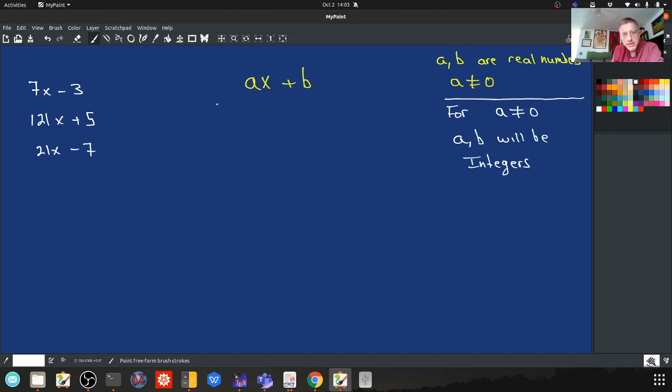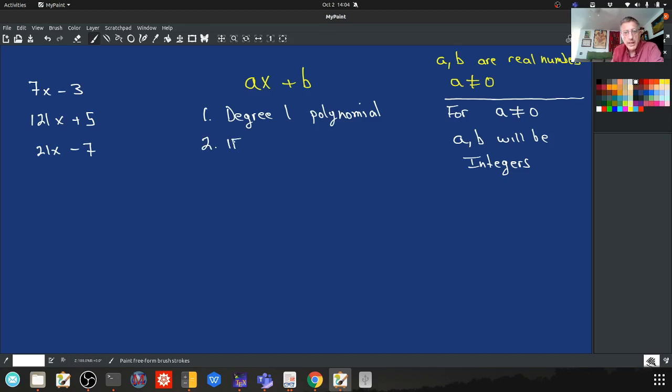So this is number 1. It is a degree 1 polynomial. And why am I showing you this? It's because our factorizations will usually result in the product of two degree 1 polynomials.